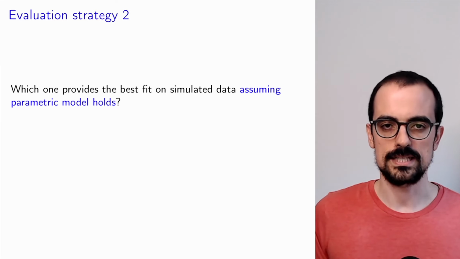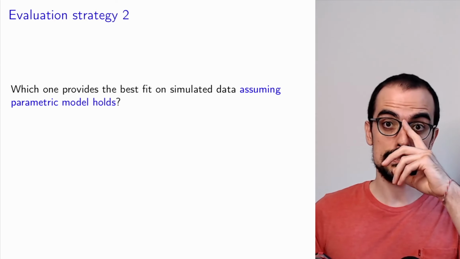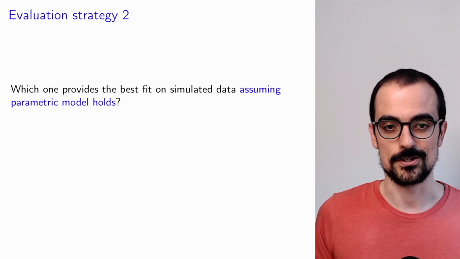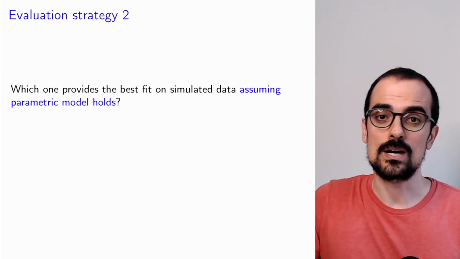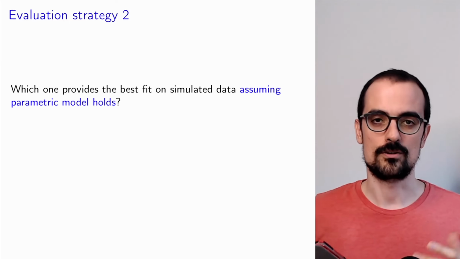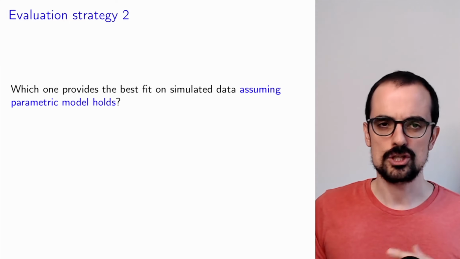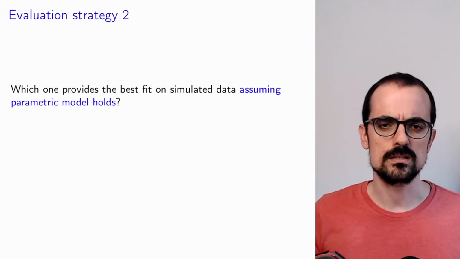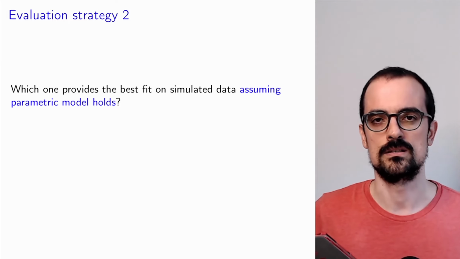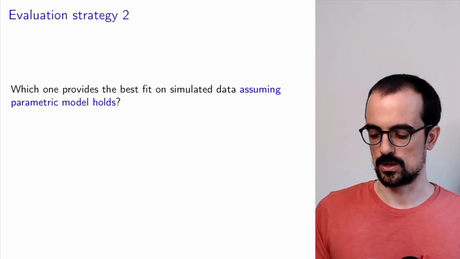What about this evaluation strategy, which you will actually see in many research papers? Since we don't have ground truth for our real data, we can say, how about I simulate data, assuming this parametric model, which I think is reasonable, and then I see if I can recover the true parameter of the parametric model.